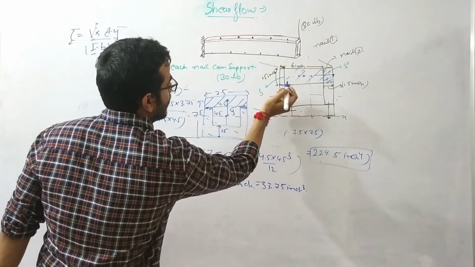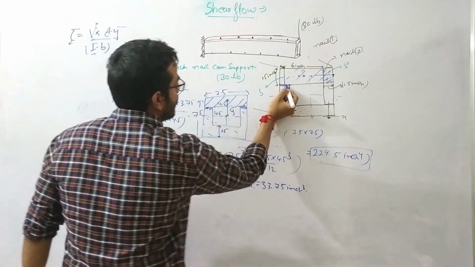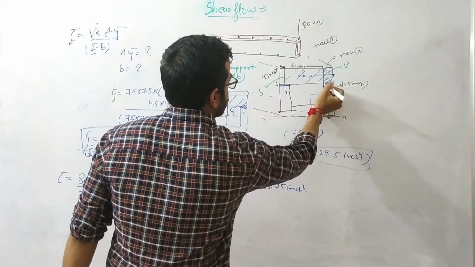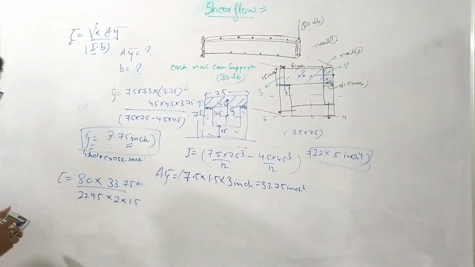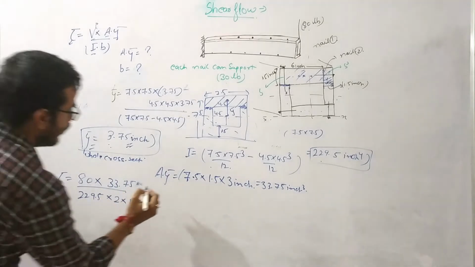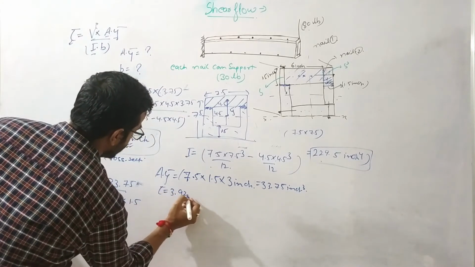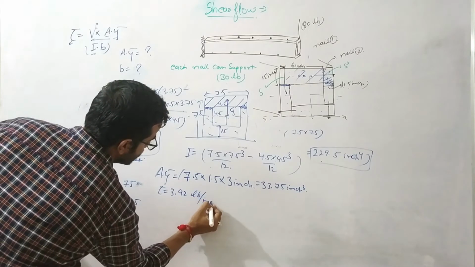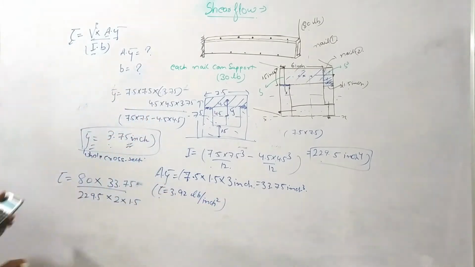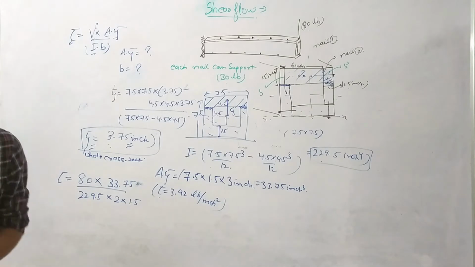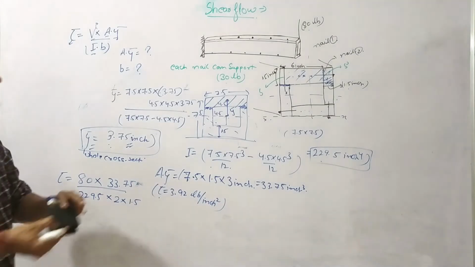If I cut this section here, one width is from this portion and one from that portion. So B will be 2 into 1.5 inch. Tau comes out to be 3.92 per inch square, right?